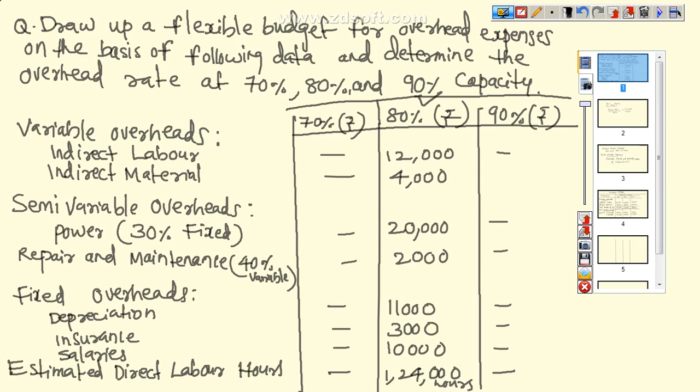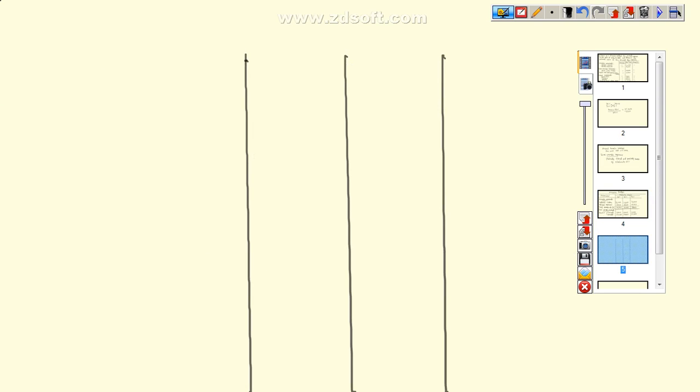And after that, according to the question, the next expense given is repair and maintenance. Again a variable proportion is given, so it is an adjustment. So we continue with this table on the next page. Here we have to write repair and maintenance. We have to split it into fixed as well as variable.